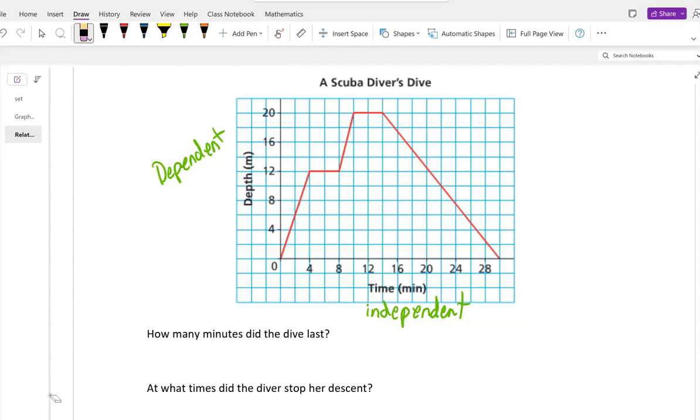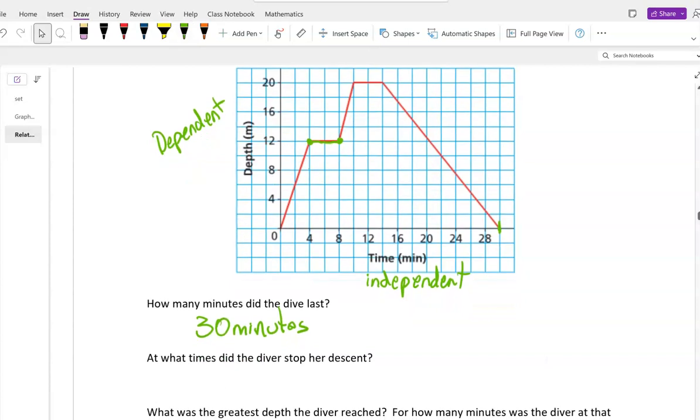How many minutes did this dive last? I think that's 30 minutes. So from start to finish, the time elapsed is 30 minutes. At what times did the diver stop her descent? So this line here indicates we're getting deeper. When we get to this place right here, the diver is not getting deeper. For some reason, the depth is not changing.